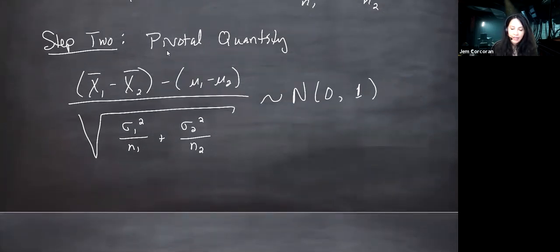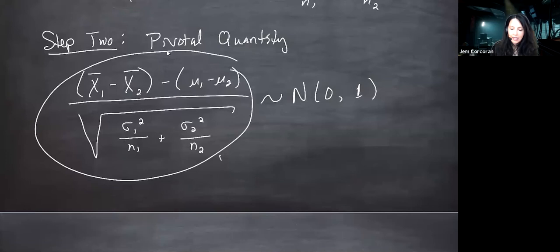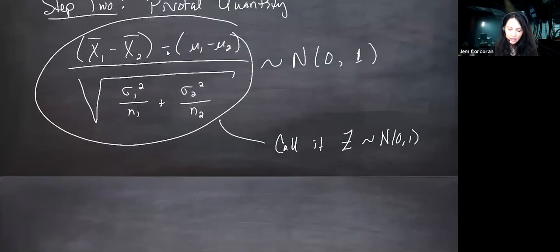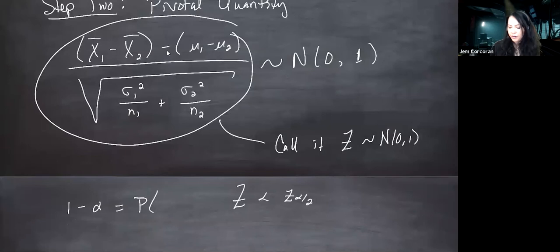So if I call it Z, which is our preferred letter for a normal 0, 1, then I know that I get probability 1 minus alpha if I put Z between negative Z alpha over 2 and Z alpha over 2.